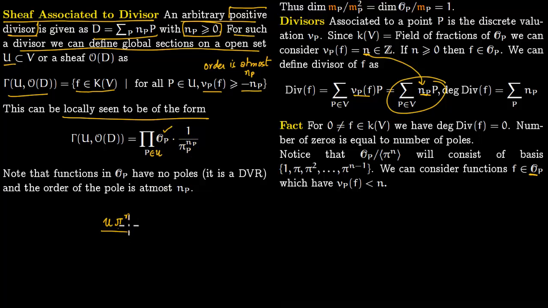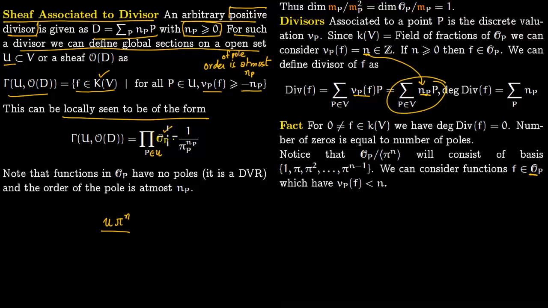So elements look like this. We are saying these elements here have a pole, so the order of the pole is at most n_P, whereas this one does not have any poles.